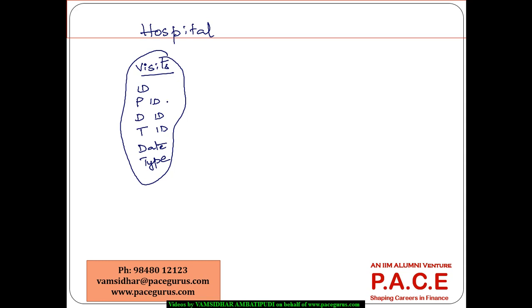Now these are some of the things I'll capture for every person who is visiting the hospital. Now similarly, for each patient, I may have a separate table, right? I may call it a patient table, which is the master of the patient. So probably I may have an ID for the patient, the name, the city, the phone number, etc. Some patient related details, another table.